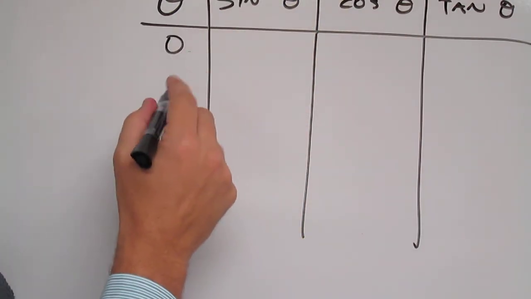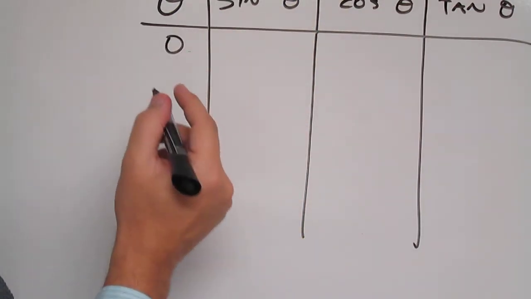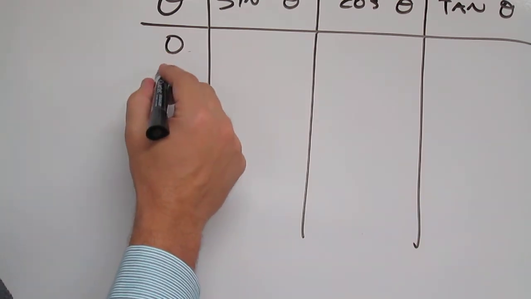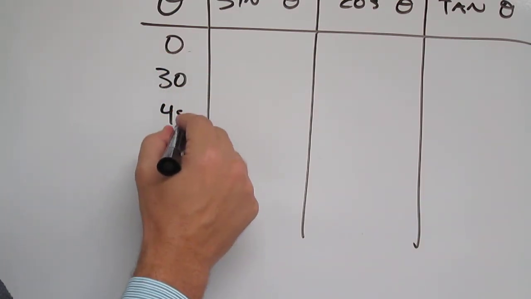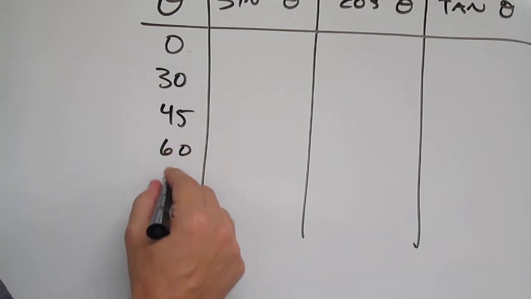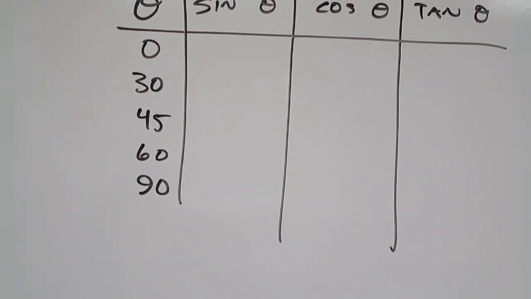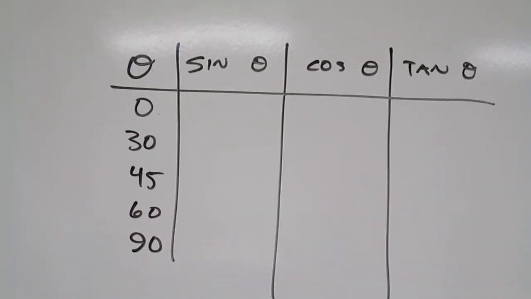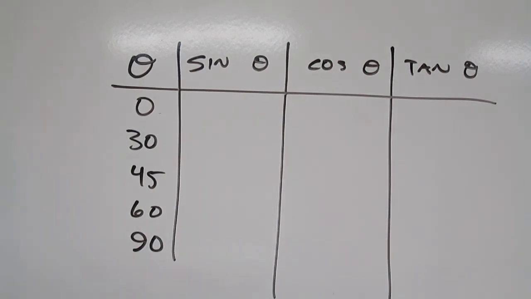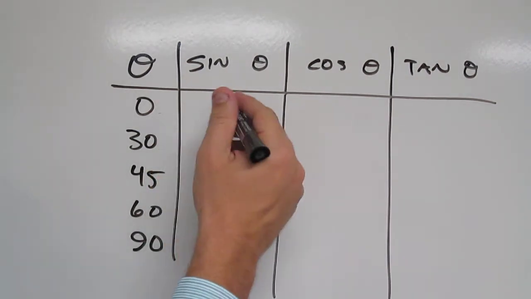So we'll think about things like 0. I'm going to go in degrees, but you should be able to think in radians also: 30, 45, 60, 90. The sine of 0, you should know by now, is equal to 0.